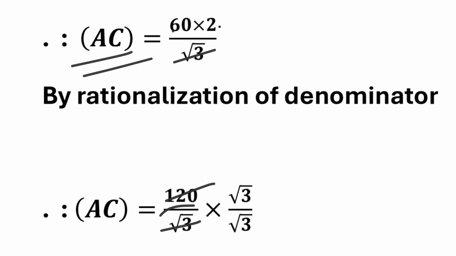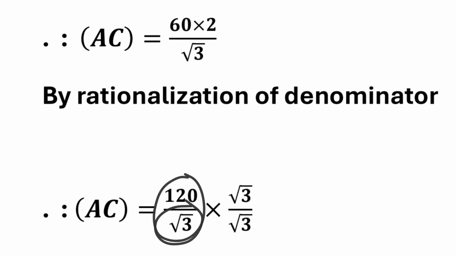Now root 3 is an irrational number, so we eliminate this irrational number by rationalization of denominator. Therefore the rationalizing factor of denominator root 3 is root 3. So we multiply this 120 upon root 3 by root 3 upon root 3.